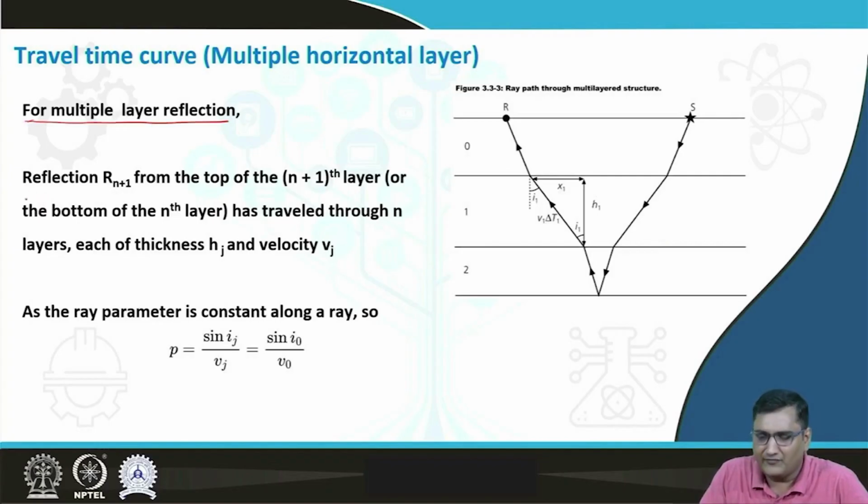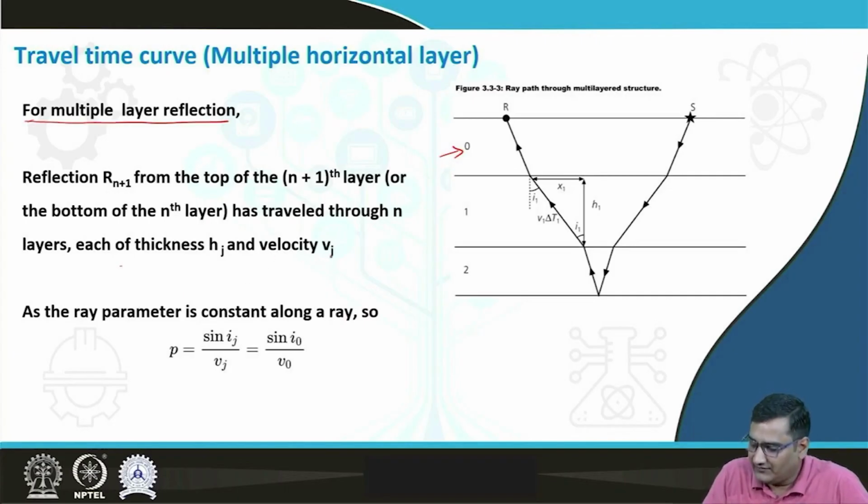If we extend it to n number of layers, then the reflection, that is Rn plus 1 from the top of the n plus 1th layer, or you can say the bottom of the nth layer, since we are starting from 0, has traveled through n layers, each having thickness hj. J is basically varying from 0 to n.